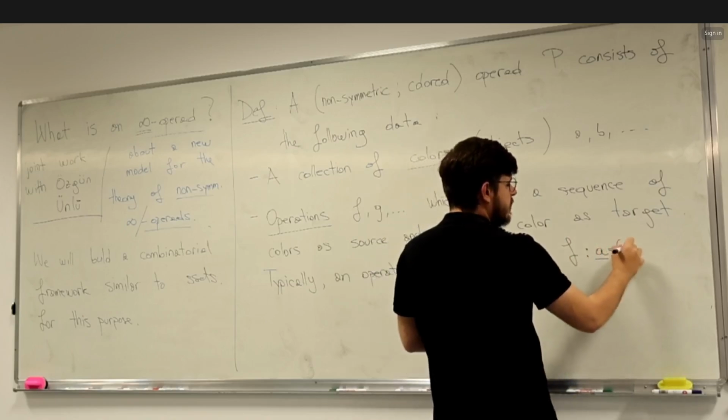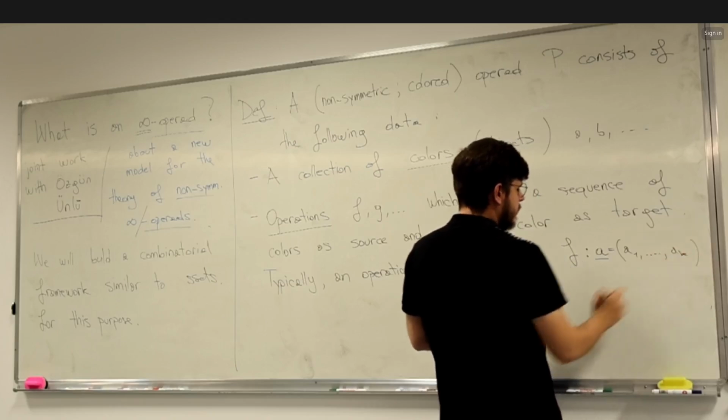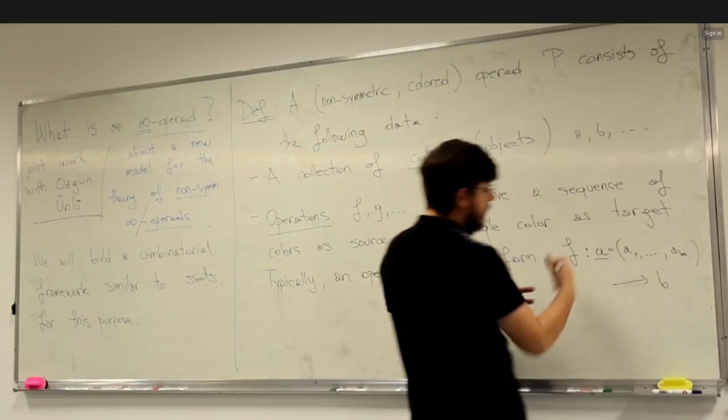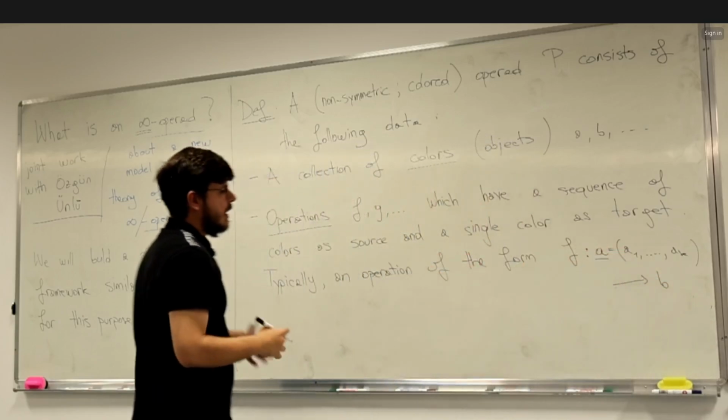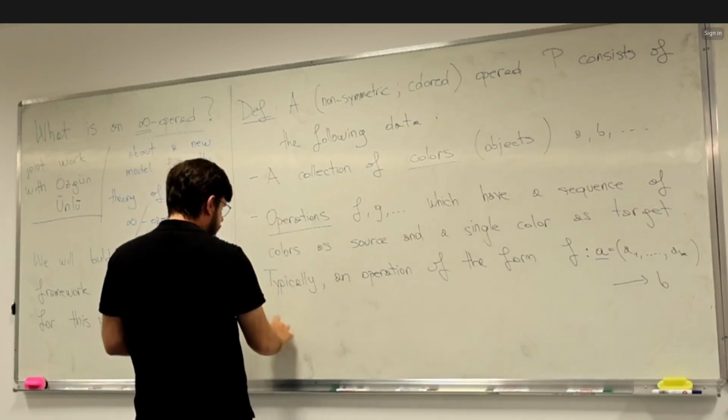So this is some sequence A1, ..., AK of colors, to the single color, say B. So this is what these operations look like.